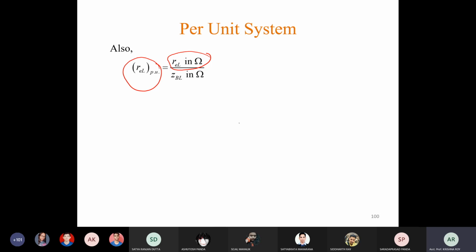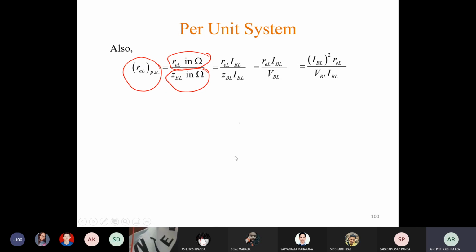ZBL is the base value of leakage impedance from the low voltage side. So again we can write REL IBL by ZBL IBL, which equals REL IBL into VBL. If we again multiply this by IBL, then we have IBL square REL by VBL IBL.